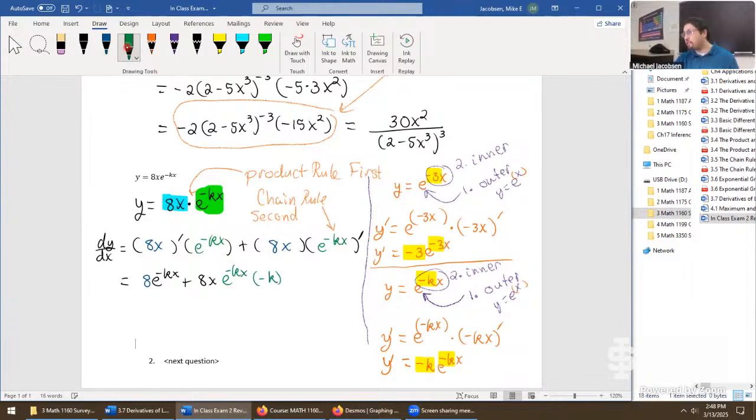Only thing we'd have to be careful of is parentheses around that -k. I have parentheses around the 8x and the e. So going this way and this way, so that and the -k. Gotcha. Yeah, that's what I was going to ask about as well. Yeah, that would be totally fine as an answer as well.